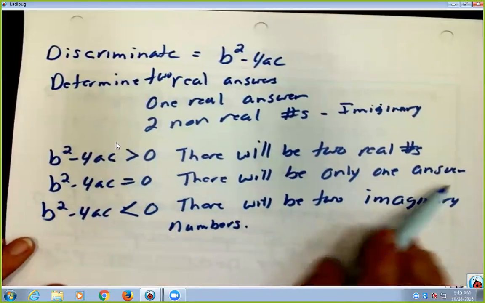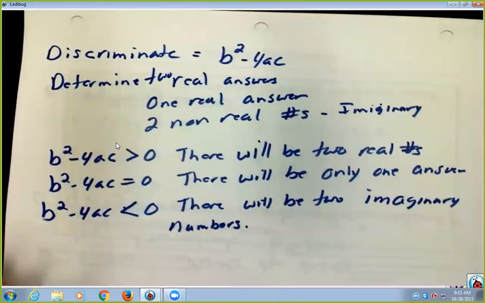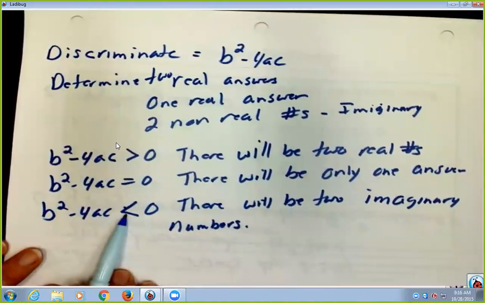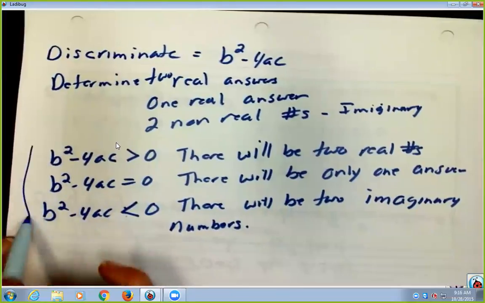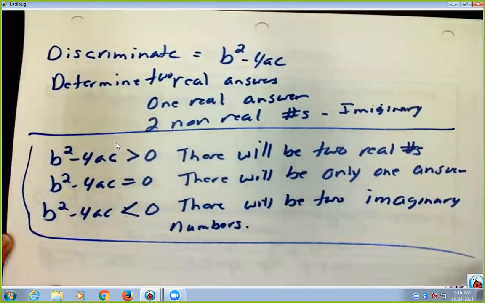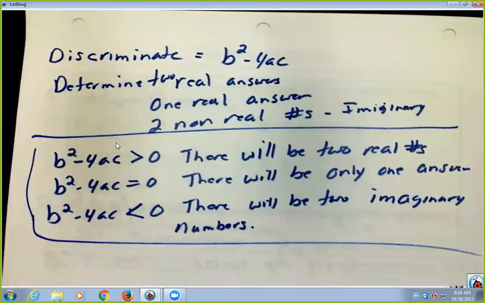There will be only one answer if it's equal to 0, and there will be two imaginary numbers if it's less than 0. If you want to stick that in your notes, that's the important piece of that whole thing. I'll give you some time to write that piece down. That's the part that comes in there, and that's the part we work with.